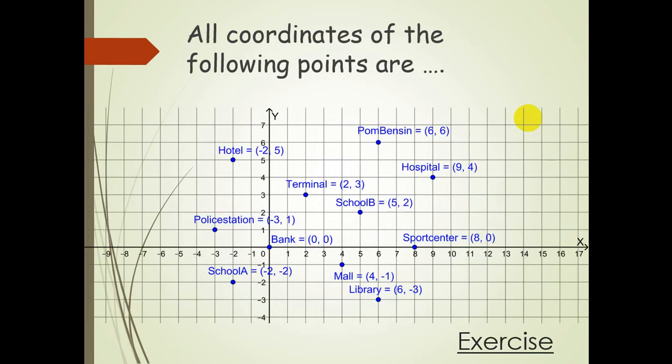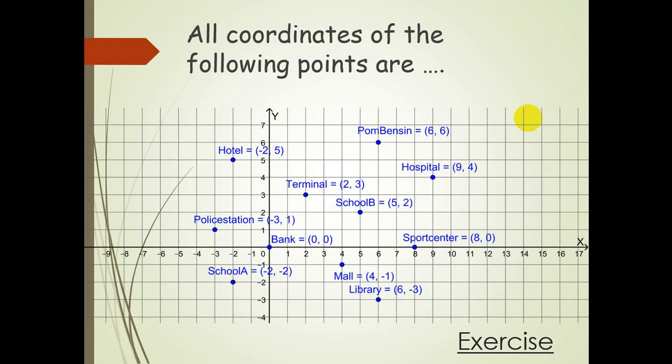This is the answer. The sports center is at 8,0, hospital 9,4, gas station 6,6, terminal 2,3, hotel -2,5, police station -3,1, bank is the origin, school A -2, mall 4,-1, and library 6,-3.